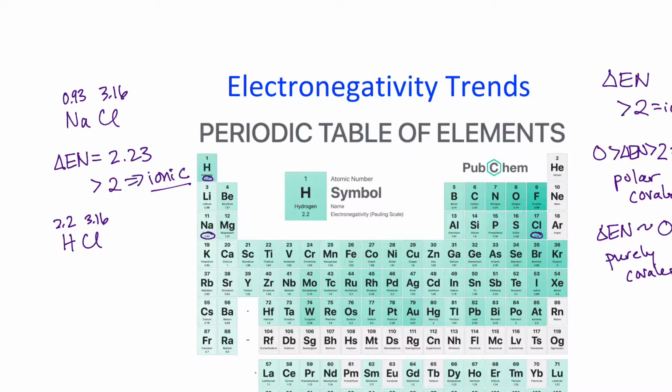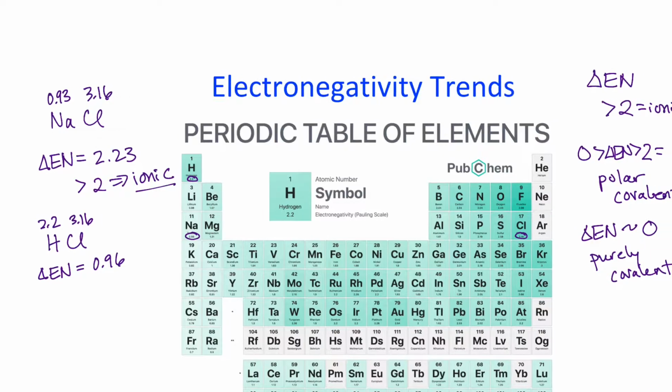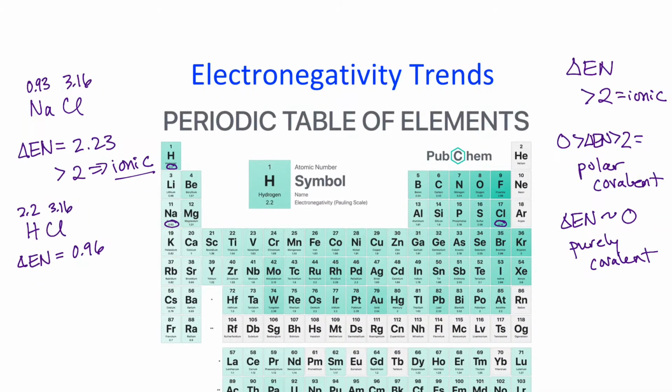Calculate the difference in electronegativity for those two atoms, and we get a value of 0.96. So 0.96 falls under our polar covalent situation.